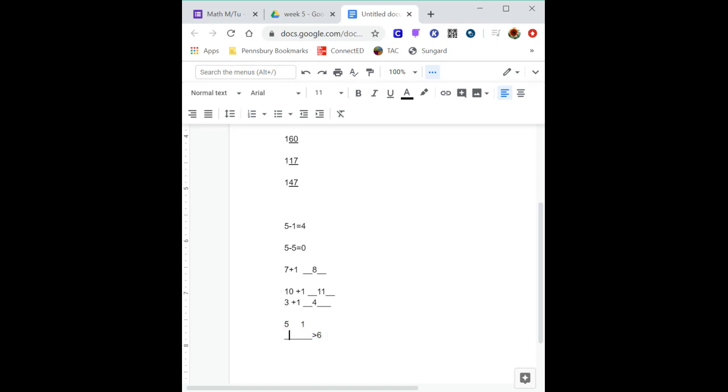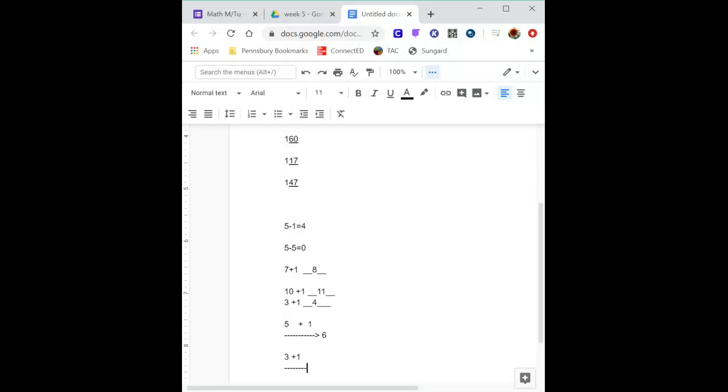It's called a number family because if we add it, we would do 5 plus 1 equals 6. This is supposed to be like an arrow. So they're showing you if you go this way, you're going to do 5 plus 1, and then the answer is going to be 6. This is something we're going to do today. We'll come back to it again to keep practicing.